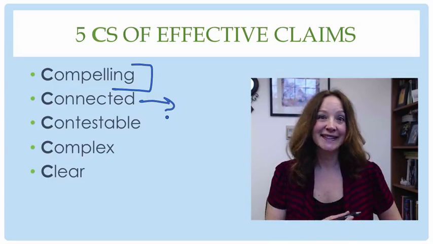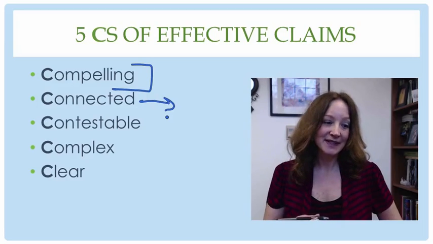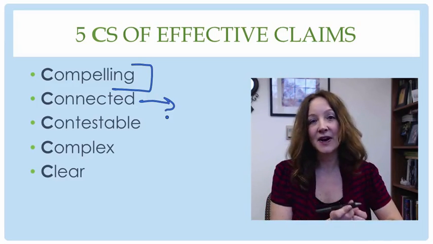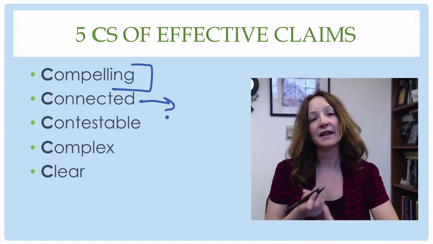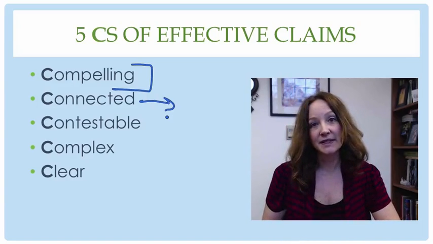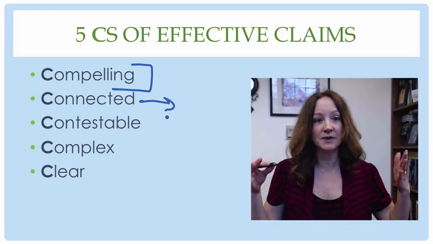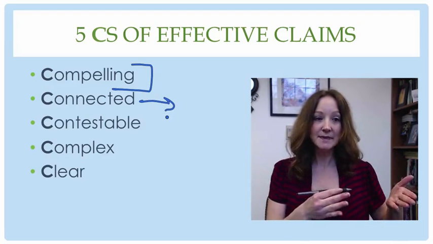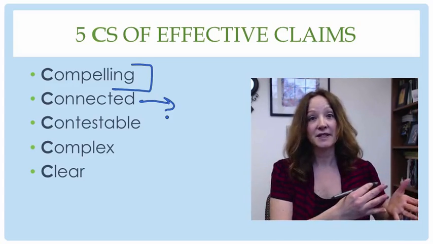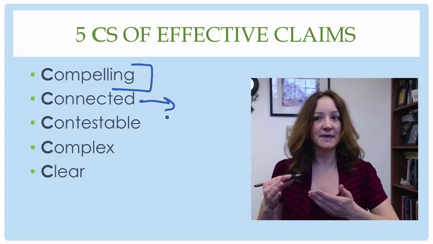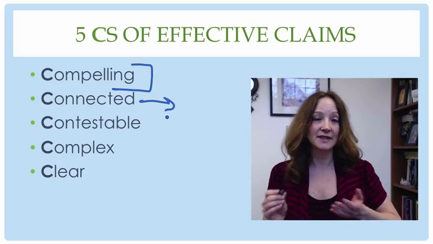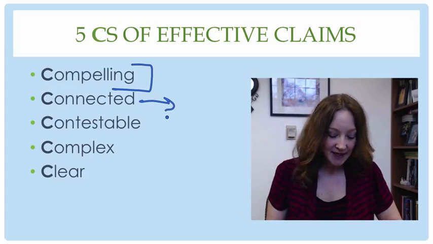And then finally, the other version of connected I'm talking about here is your claim, is your argument connected to the kinds of evidence and the points that you've made throughout the whole project? Sometimes people's claims make one assertion and then they actually end up making a different assertion throughout their writing, so you want to have alignment there.